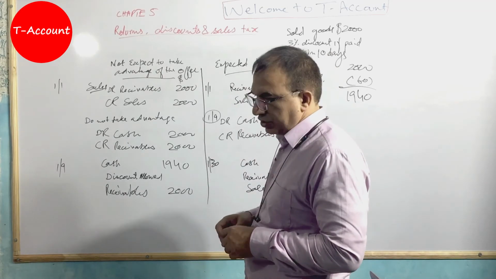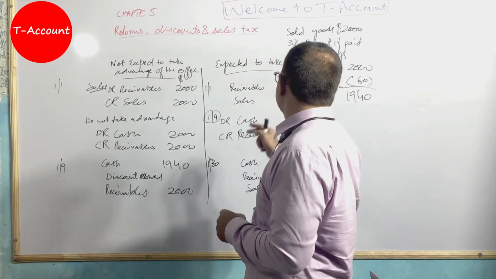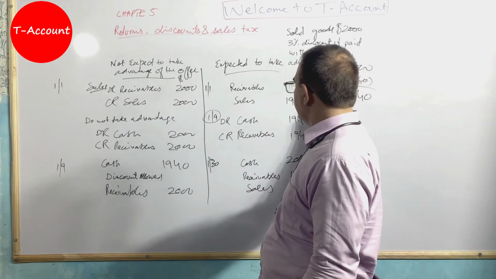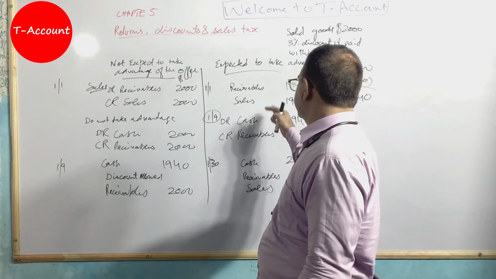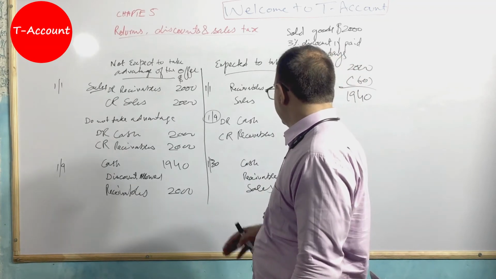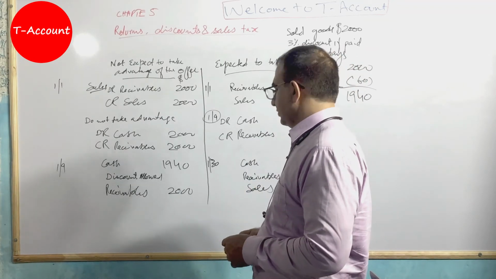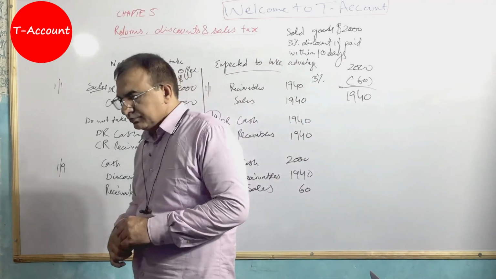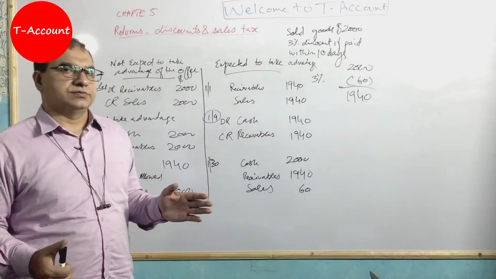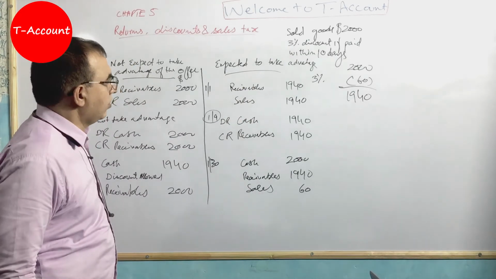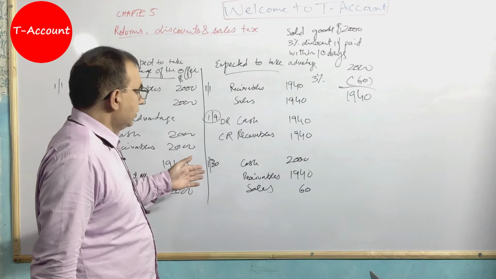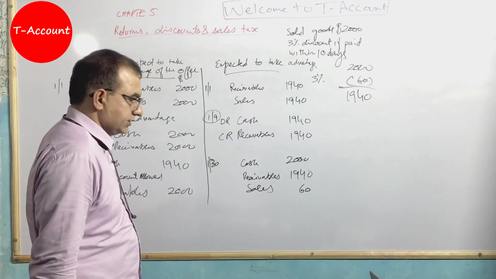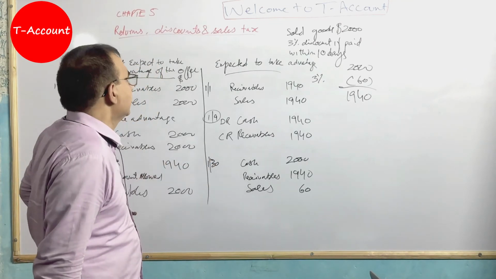You know that they are going to get this discount, so you will book the net amount. And if they pay on time, of course, the same entry will go through. But if they come late, don't pay before 10, the difference, the discount you have already booked, you will book as additional sales.